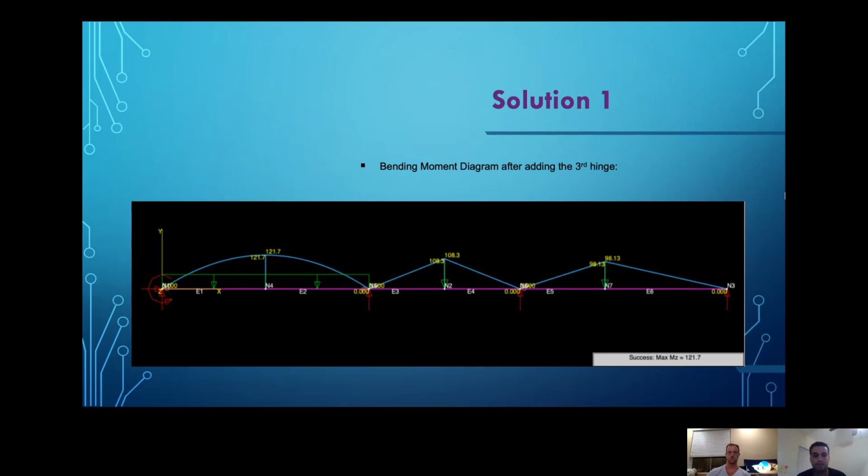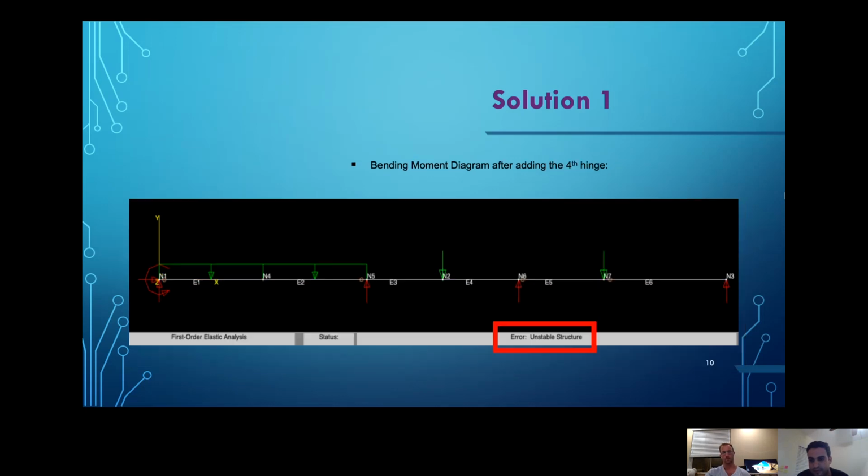The third hinge was added at point E, and the result of the moment diagram is shown here, with a maximum moment about Z of 121.7.